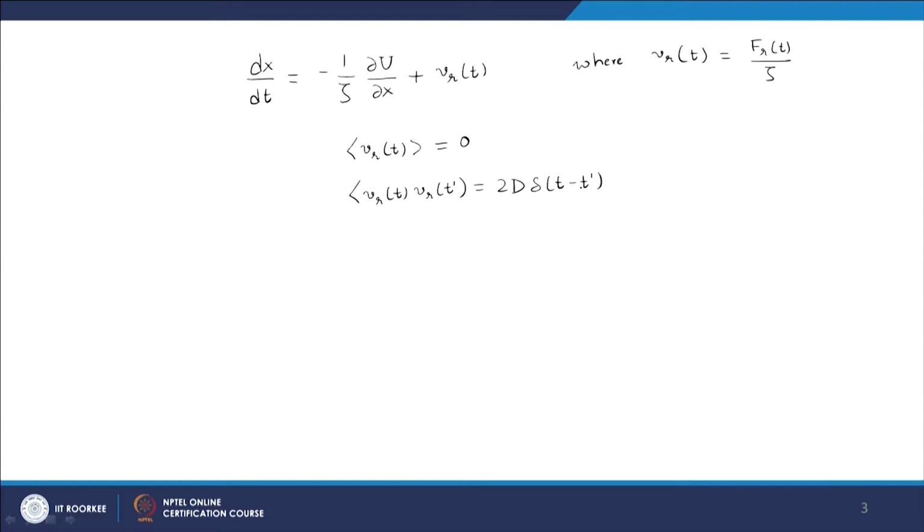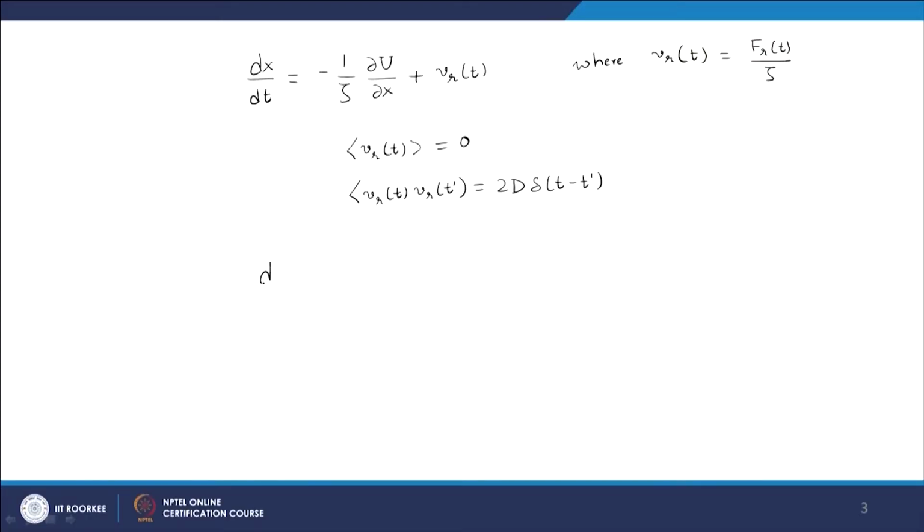Okay. So, if I now extend it in the case of a polymer chain, I have to write a separate equation for each of the beads. That is to say that we have to write equations like drn for bead n is equal to minus 1 by zeta, the force acting on that spring.